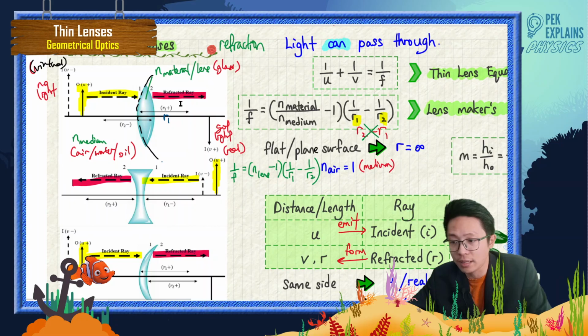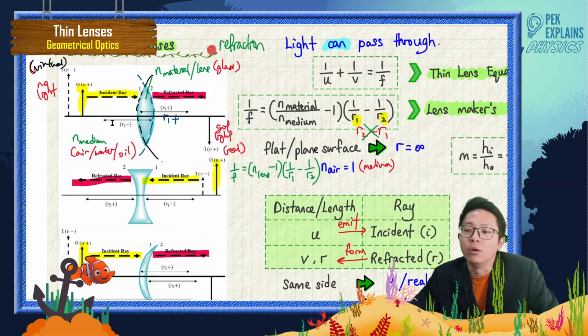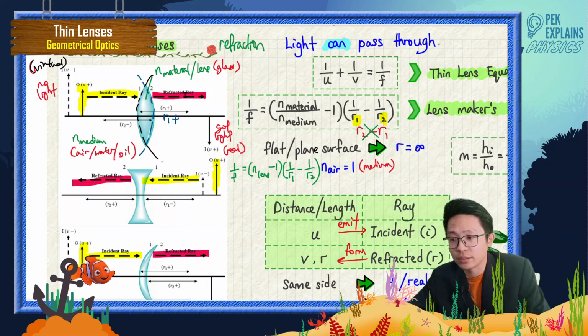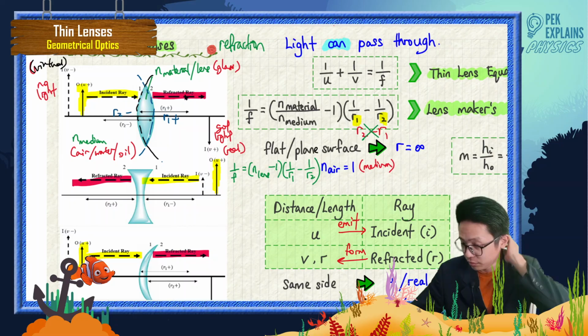But for the second surface, the radius is over this side. You see that this radius is at the left-hand side, opposite to the refracted ray. So this R2 is negative, because it is opposite. That's how we determine the positive and negative.